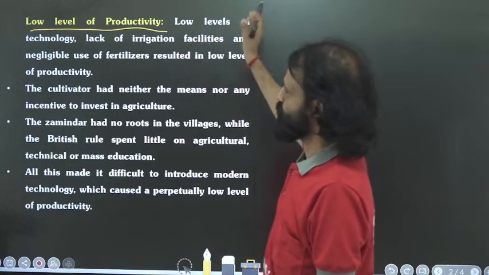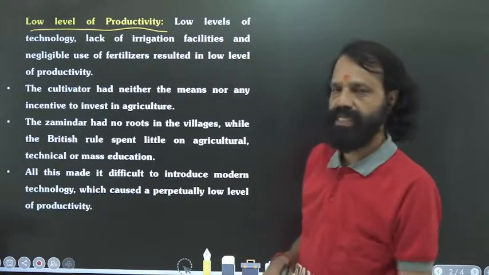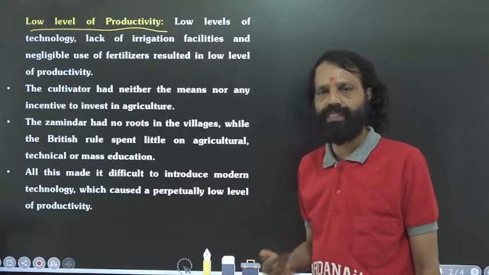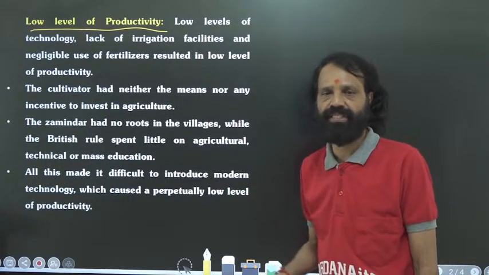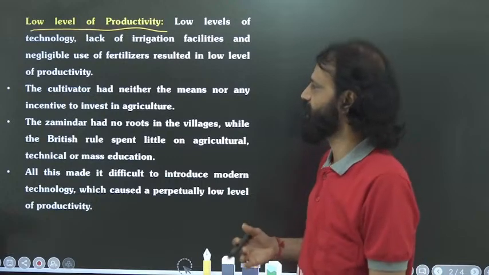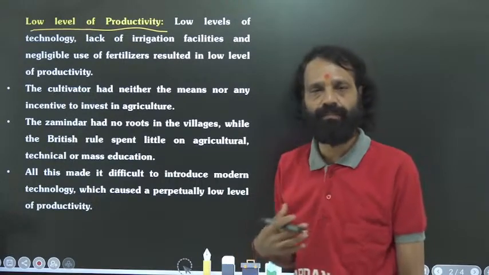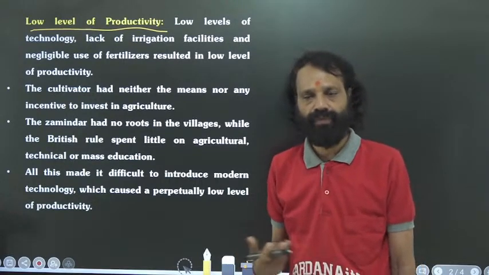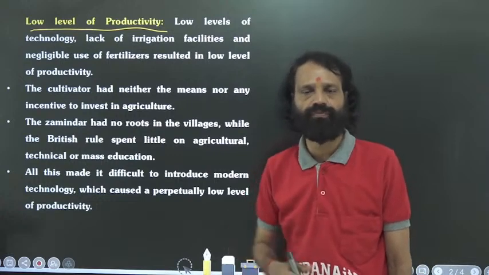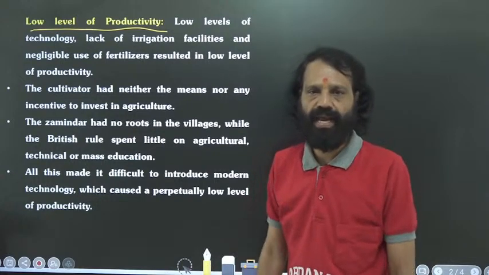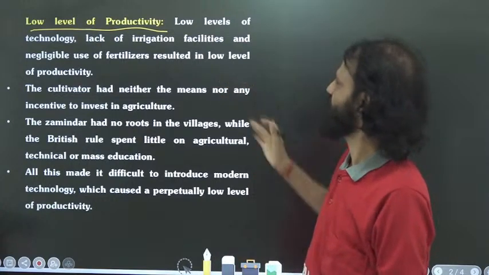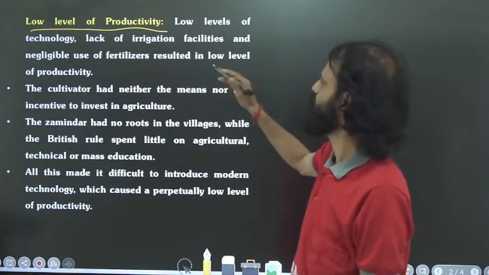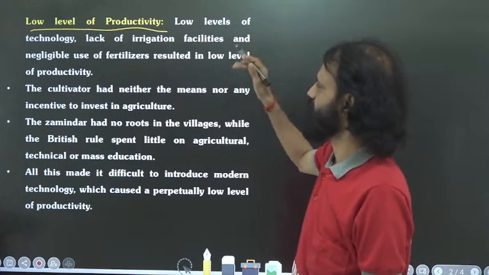Low levels of technology. The Britishers didn't promote technology in India. Modernization they didn't implement in India. In every field we were using traditional methods. Okay, in the field of agriculture, in the field of education, and in the field of health service, everywhere we were using the old traditional technology.